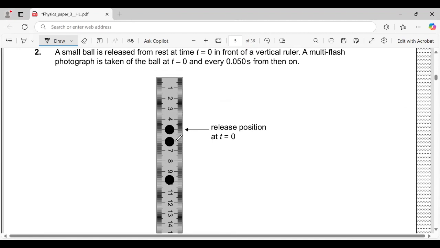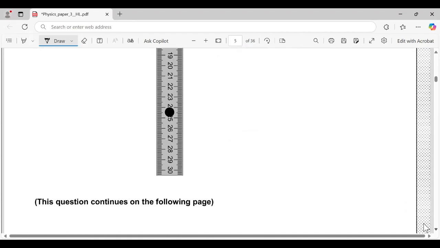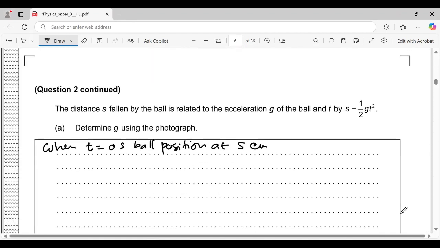And when t equals 0.050 second, according to this information, the ball position is at 6.2 centimeters. So the distance s equals 1.2 centimeters, because 6.2 minus 5.